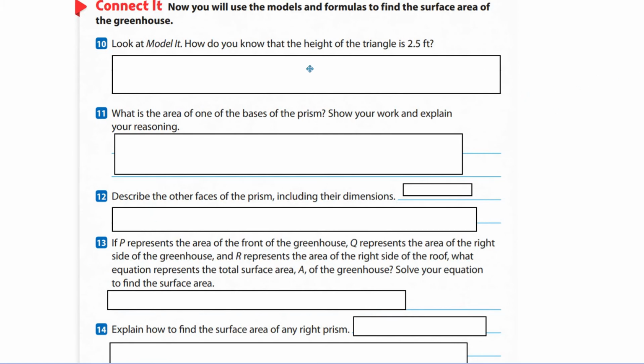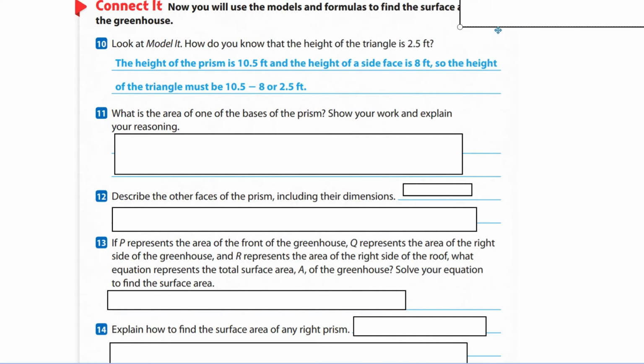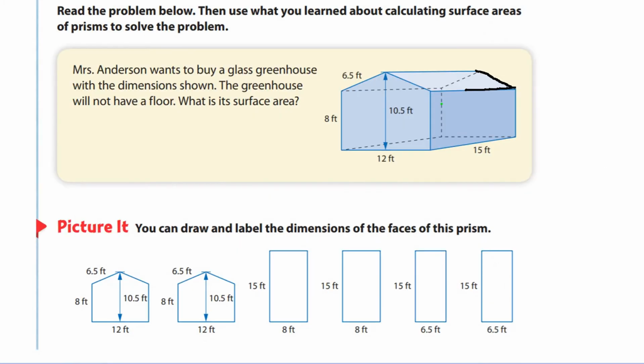Let's look at question 10. How do you know that the height of the triangle is 2.5 feet? Well, we know that the height of the prism is 10.5 feet, and the height of a side face is 8 feet. Let's look at that. We have this information from the base all the way to the top is 10.5 feet, but we know that the side is only 8 feet.